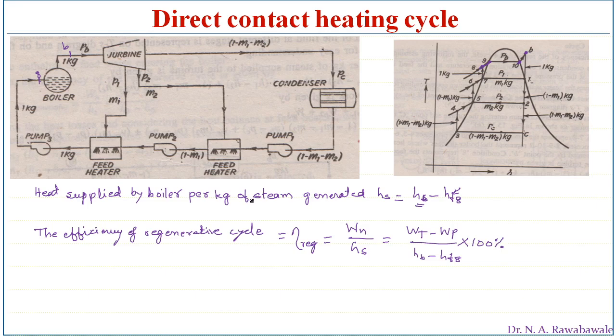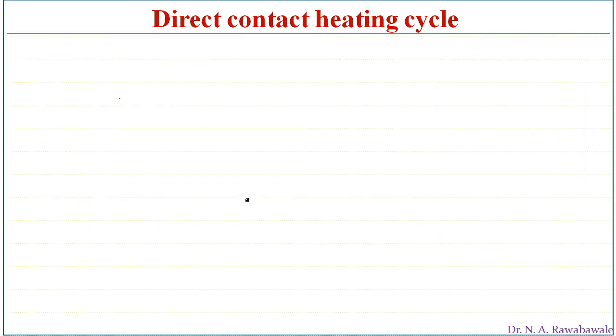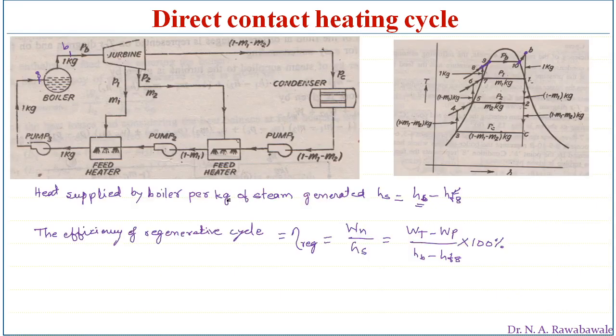Now coming to the area of heaters, heat balance in the heaters. So here we can see for both the heaters, heat given by the steam is absorbed by the condensate.